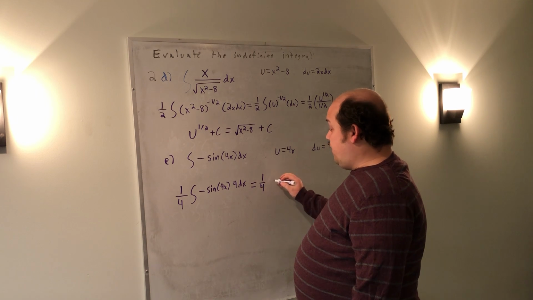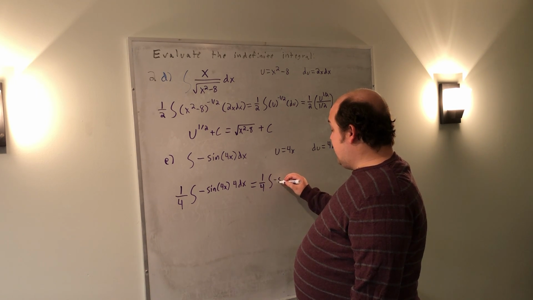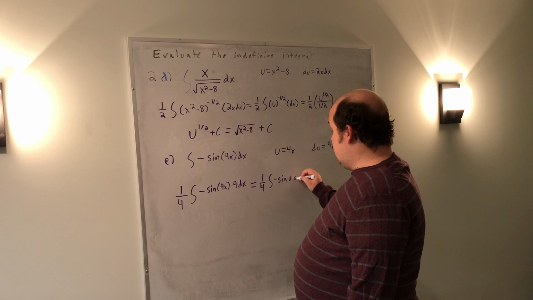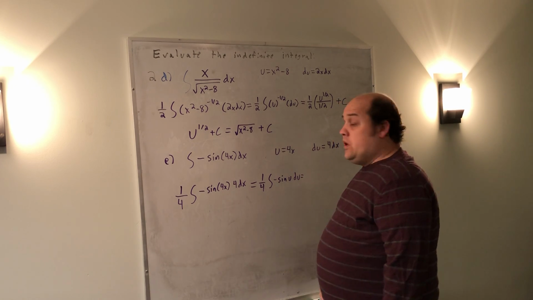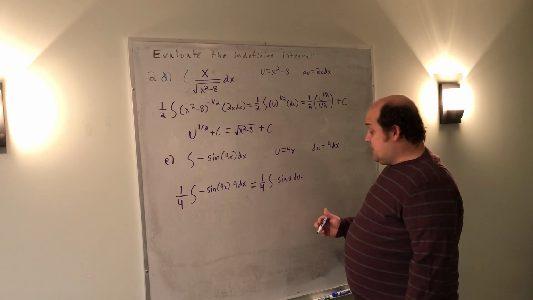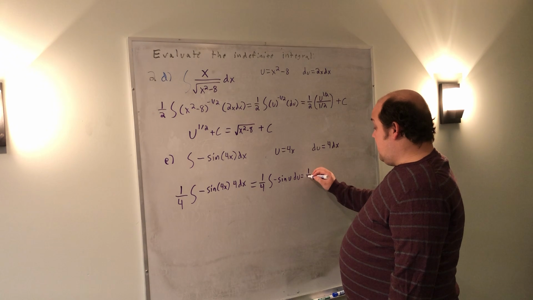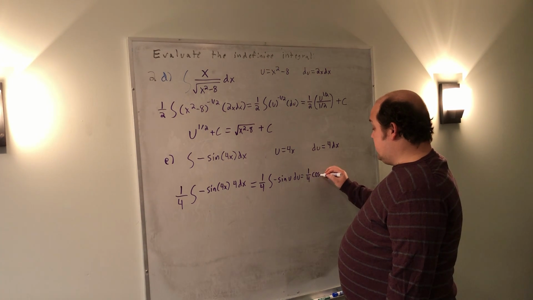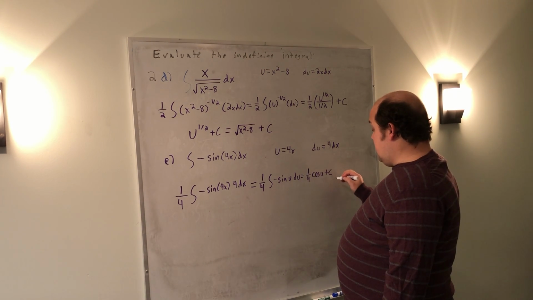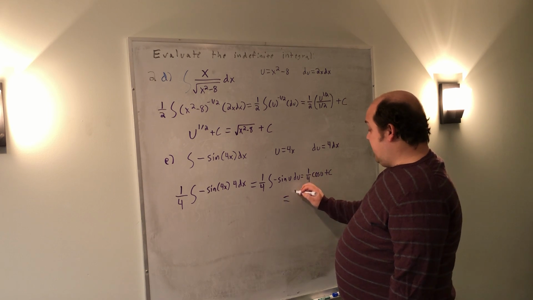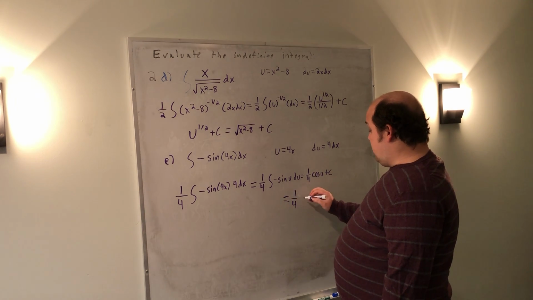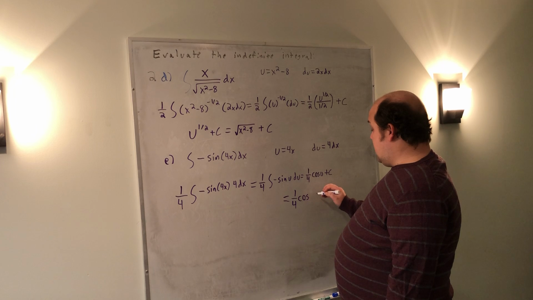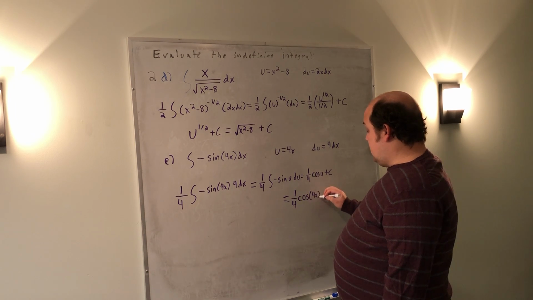It'll become 1/4 the integral of negative sine u du. We know the integral of negative sine is positive cosine, so this becomes 1/4 positive cosine u plus c. Final step, replacing the u, it becomes 1/4 cosine 4x plus c.